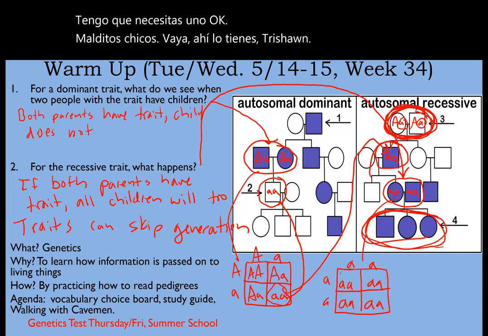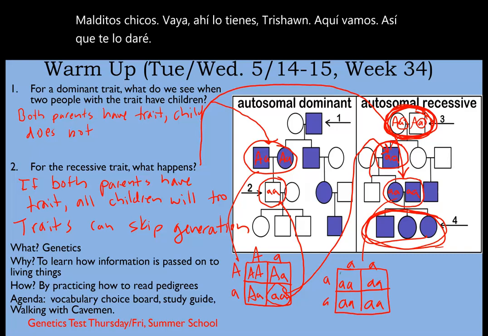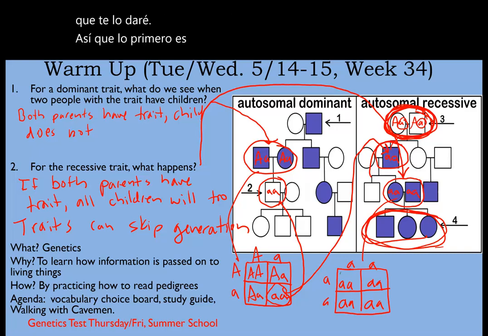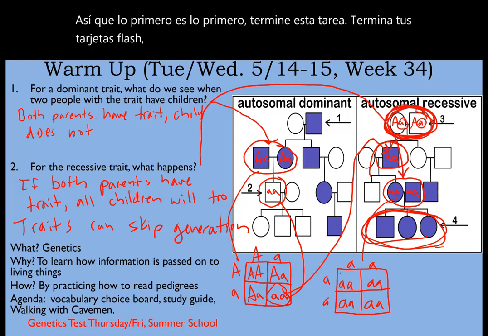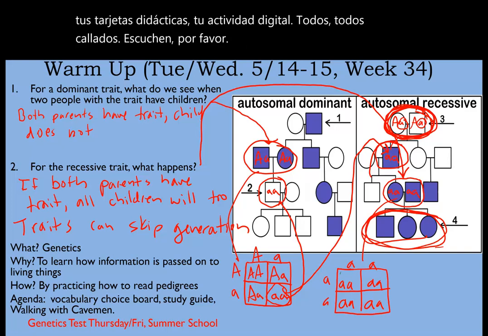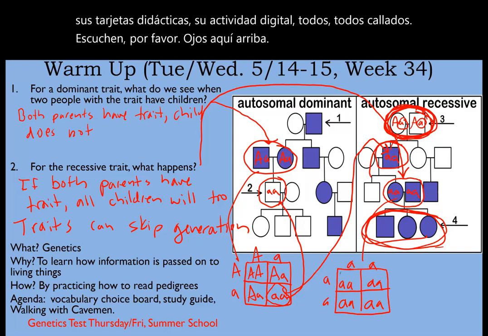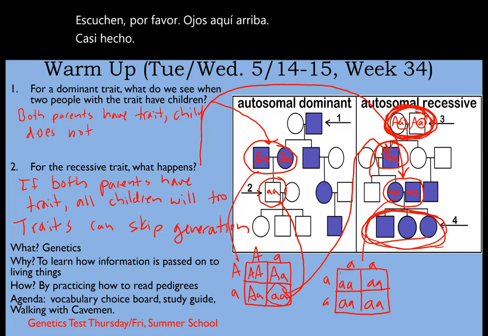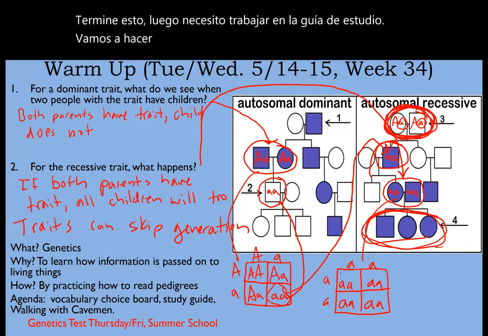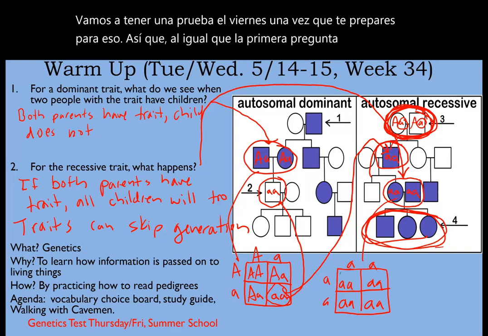So first things first, finish this assignment. Finish your flashcards, your digital activity. Everybody quiet and listen up, please. Eyes up here. Finish up this. Then I need you to work on the study guide. We're going to have a test Friday. I want you to get ready for that. Like the first question on the test, the study guide.